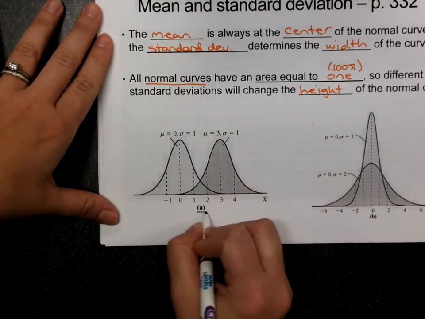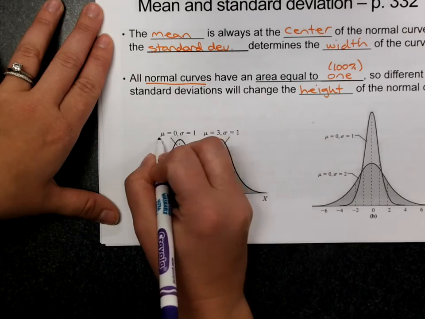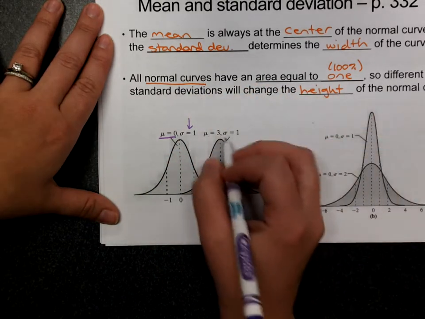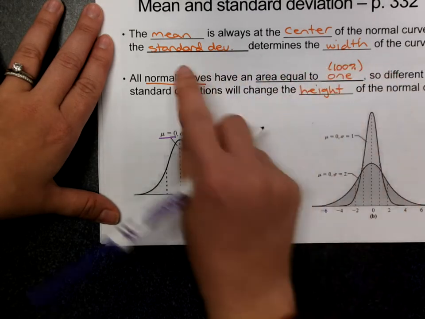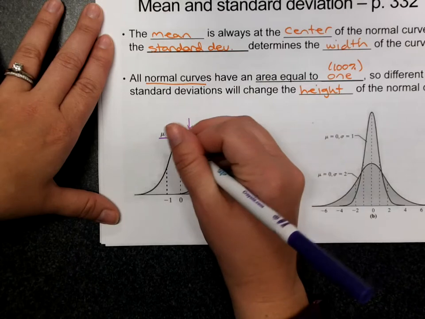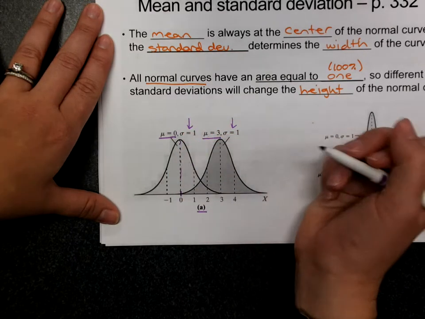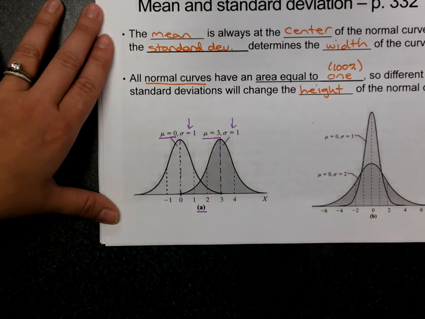So on figure A, the first one has a mean of 0 and a standard deviation of 1, and the other curve has a mean of 3 and a standard deviation of 1. Well, the mean is the center. So with a mean of 0, it's at 0 on the number line. A mean of 3 is shifted over to the right 3.